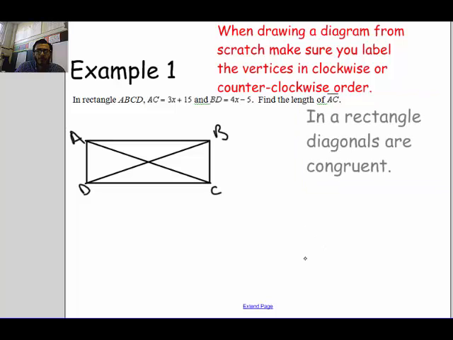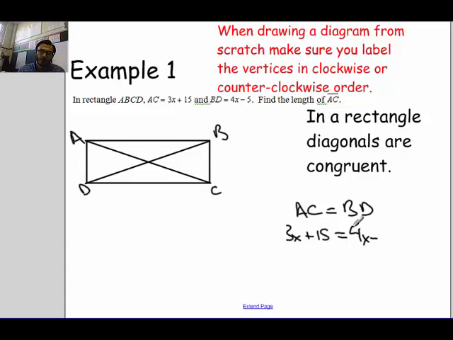And that's the property that says that in a rectangle, diagonals are congruent. So if the diagonals are congruent, I could say AC equals BD. And I will write 3x plus 15 equals 4x minus 5. And I will get x equals 20.